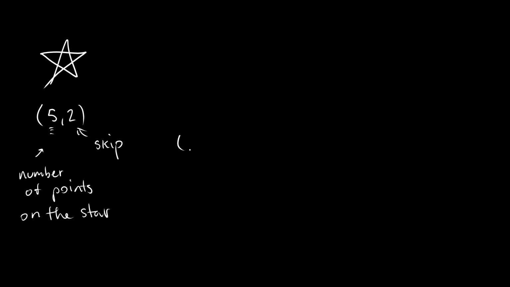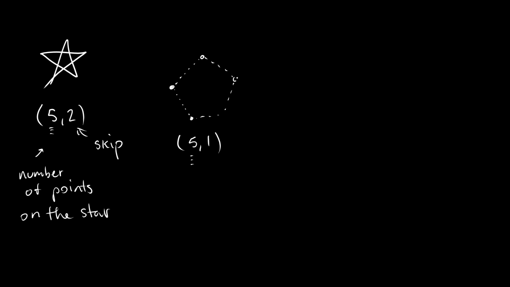Well, if I have a 5-1 star, the 5 represents that it has 5 points. So I'm going to outline a pentagon to illustrate that this is created from something that has 5 points.